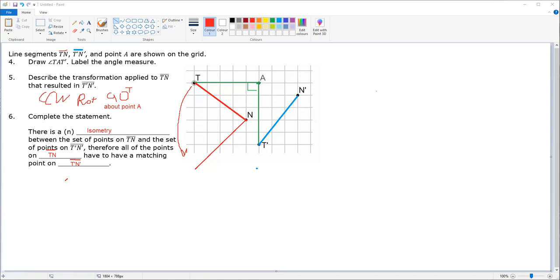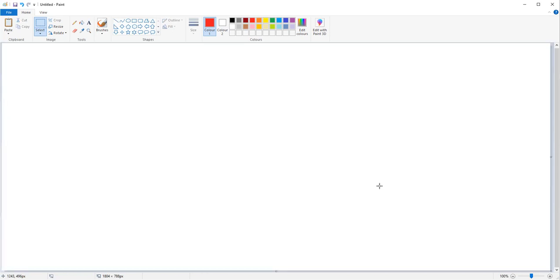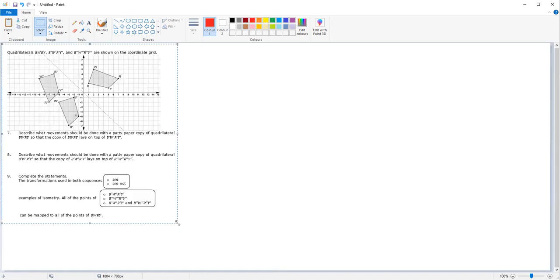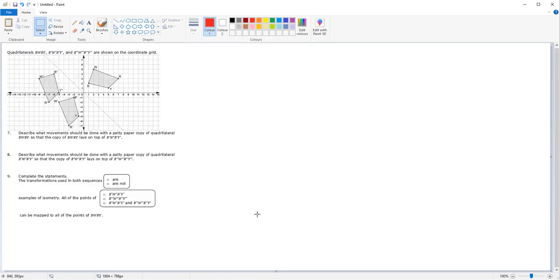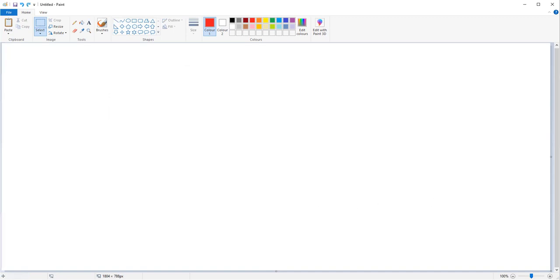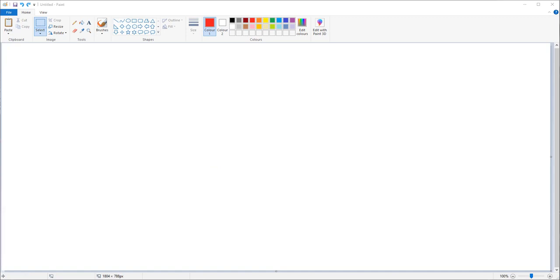Okay, let me move that out of the way so I can grab the next couple ones. Probably grab the whole thing. Let's delete it on that. And grab the first two.